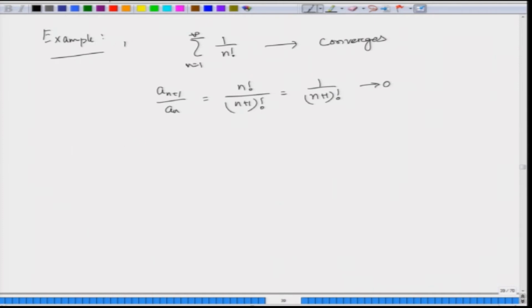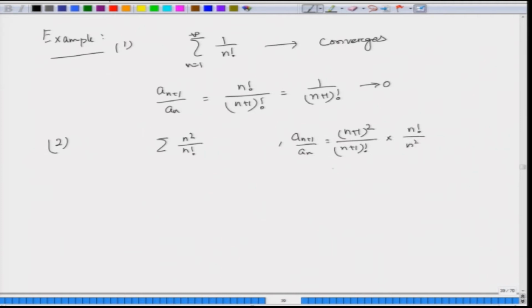This is example 1. Let us look at example 2. Suppose you look at the summation of n square by n factorial. Then a_{n+1} by a_n is going to be (n plus 1) square divided by (n plus 1) factorial, into n factorial by n square.